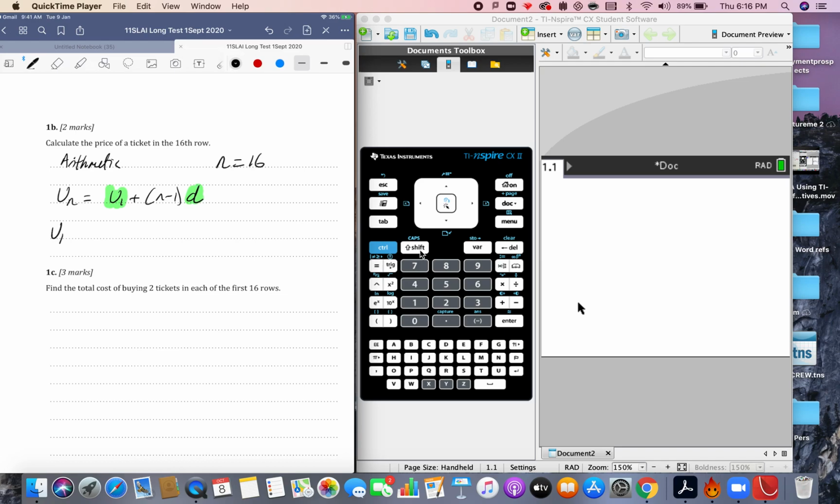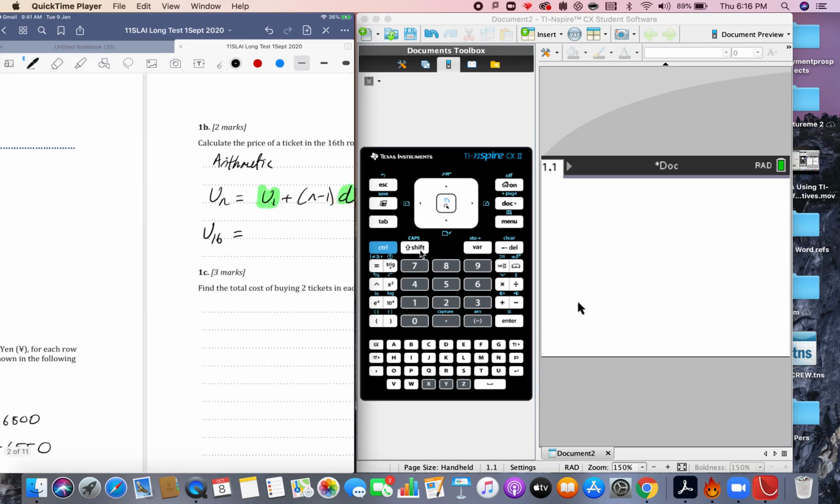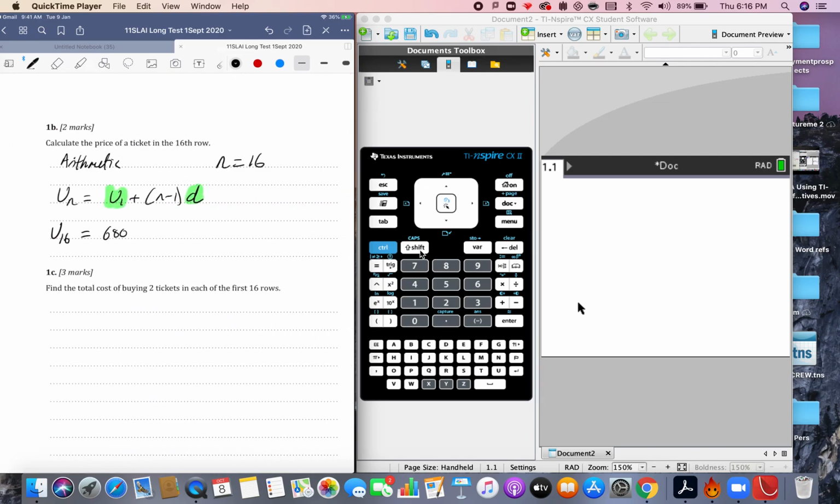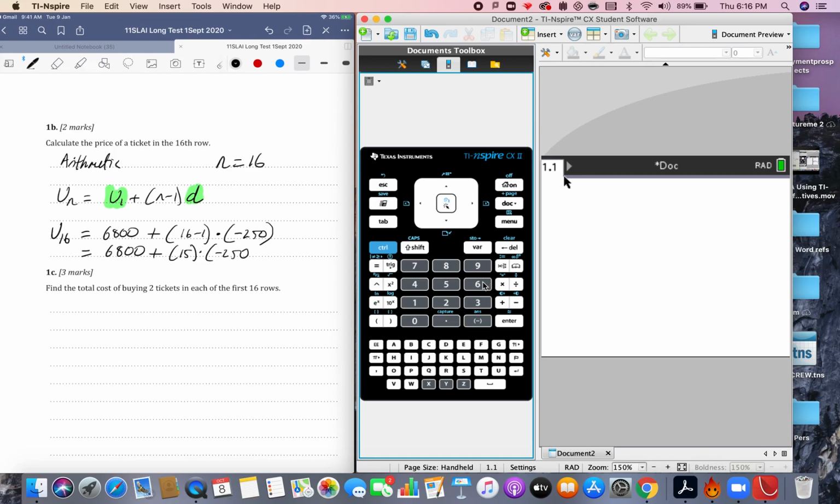So U of 16 equals U1, which we said was 6,800, plus n minus 1 times by D. Now D is negative 250. If you don't put the negative 250 in, it's just not going to work. I'll just tidy up a little bit. This is 15 times by negative 250. Now let's go to the calculator.